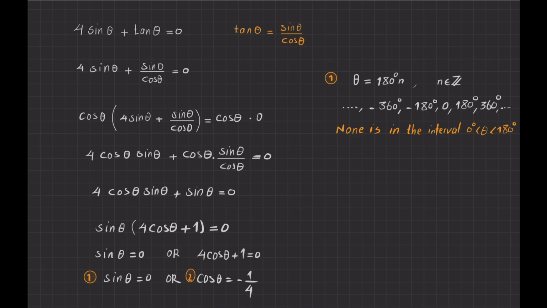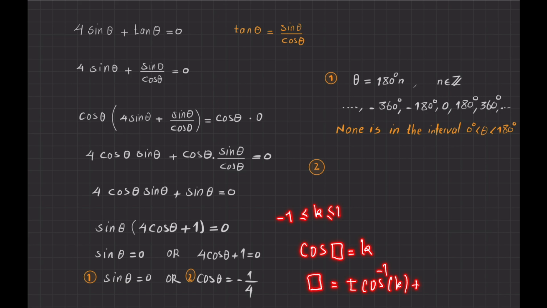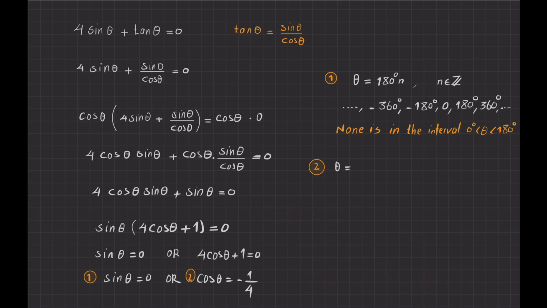Okay, but we also have the second alternative. You also know that if cosine of a box is equal to k, and k is between minus 1 and 1, then what is inside the box is plus or minus cosine inverse of k plus a multiple of 360 degrees, an integer multiple. If I use the same idea here, theta becomes plus or minus cosine inverse of minus 1 over 4 plus 360 degrees times m, and of course m is an integer.